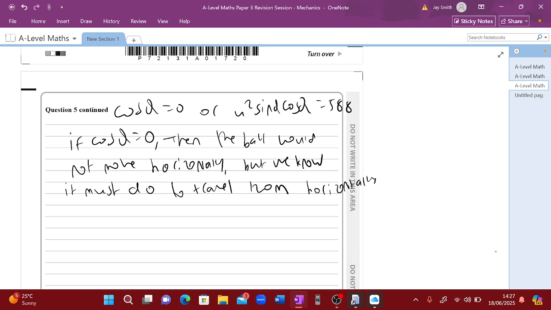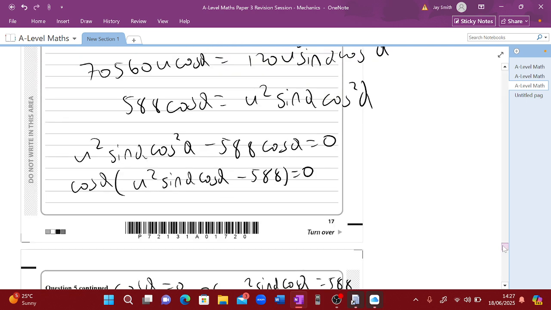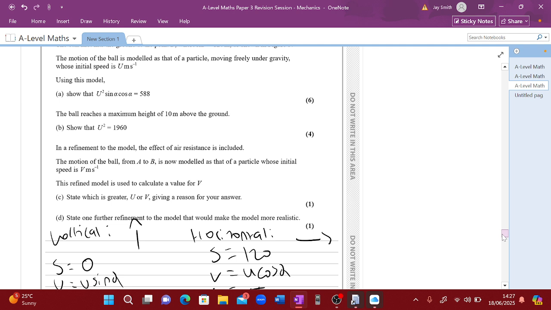Because if you can't move, how are you going to move 120 meters? So therefore, cos alpha cannot be 0. So therefore, u squared sine alpha cos alpha has to equal 588 only. And there we are. u squared sine alpha cos alpha is 588. Cool.